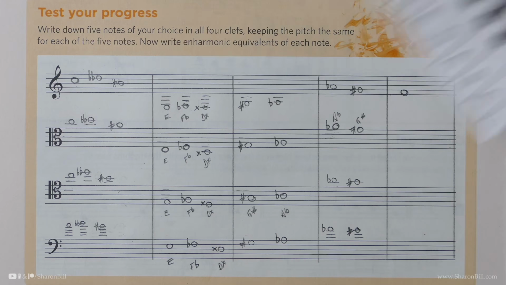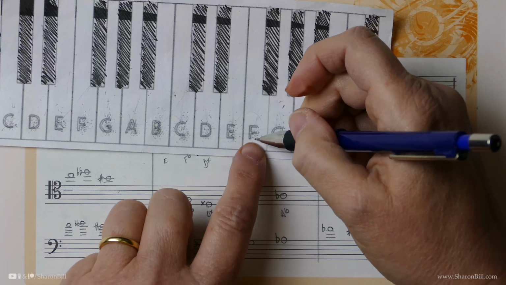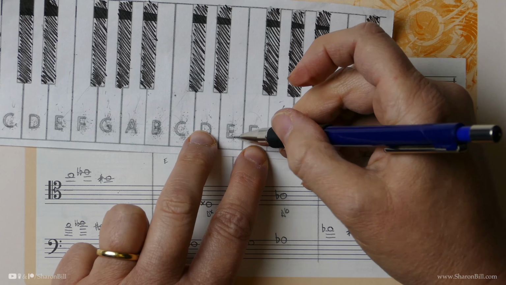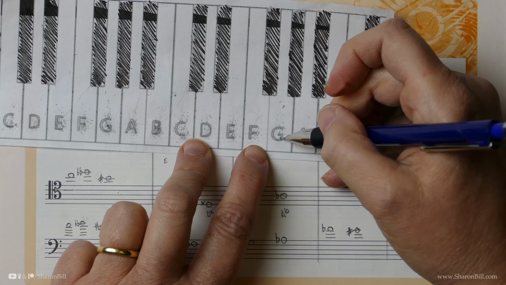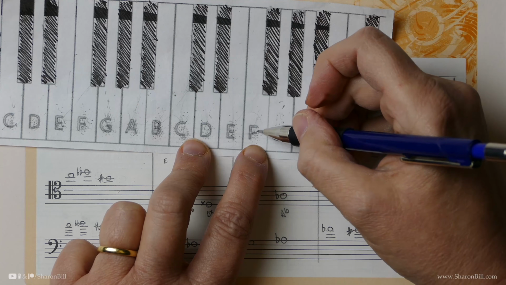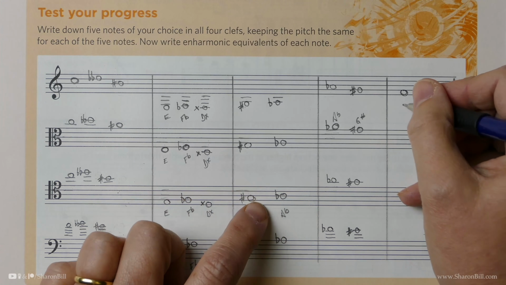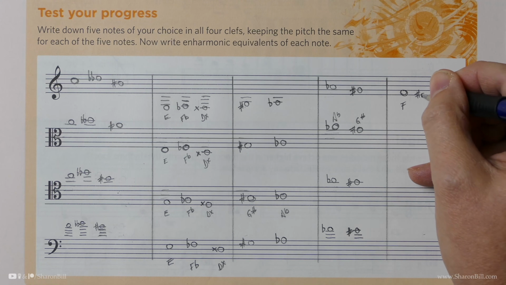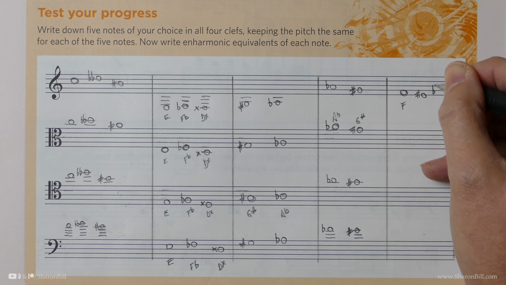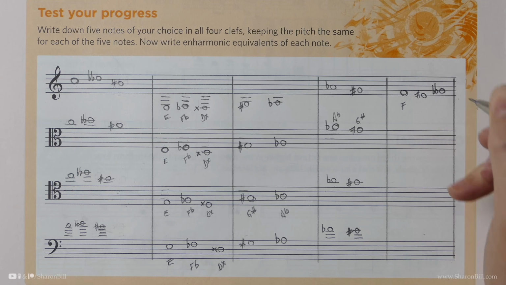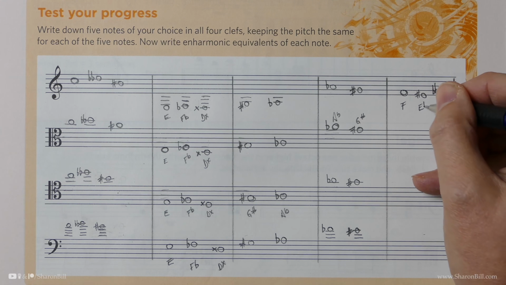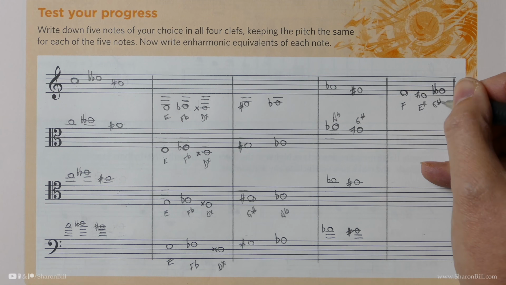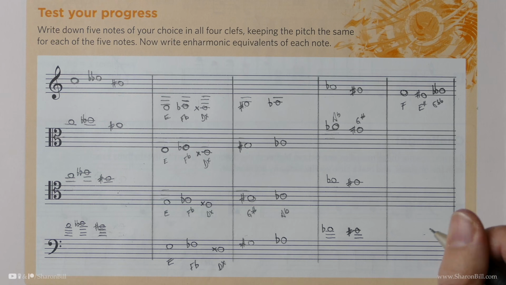And so if F is our starting point, we could have E sharp or we could have G double flat. So we've got an F, so let's have an E sharp and let's have a G double flat. So we have an E sharp and a G double flat.